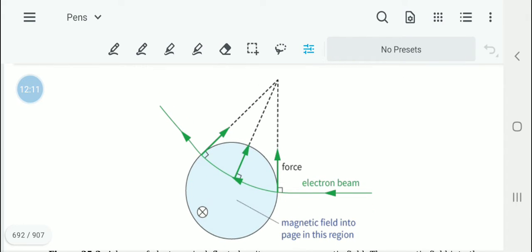Write down, in the below situation, leave a line and write: in the below situation, an electron beam fired into a magnetic field is pushed upwards (within brackets), direction can be understood by using Fleming's left-hand rule.